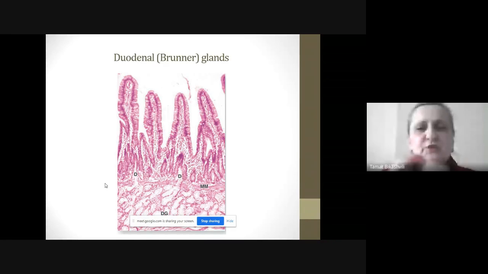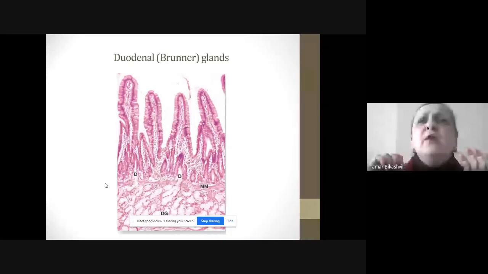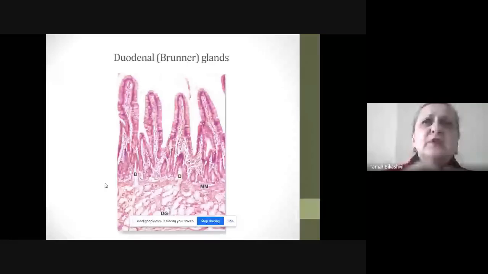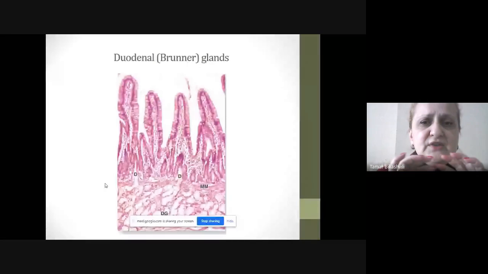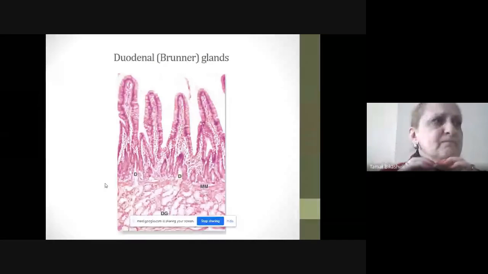So epithelial lining, simple columnar epithelium, then the lamina propria and the epithelial lining form the villi. Then the next thin layer is the muscularis mucosa. So all these three sublayers form the mucosa.